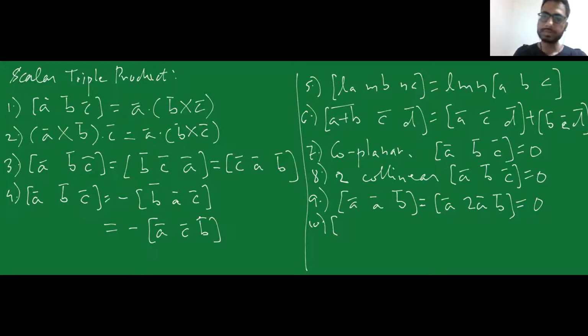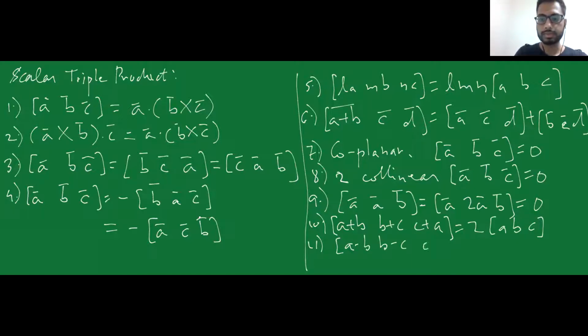Remember that A plus B, B plus C, and C plus A is 2 times of A, B, and C. And if there is subtraction in consecutive terms, A minus B, B minus C, and C minus A, the value of that term is 0.